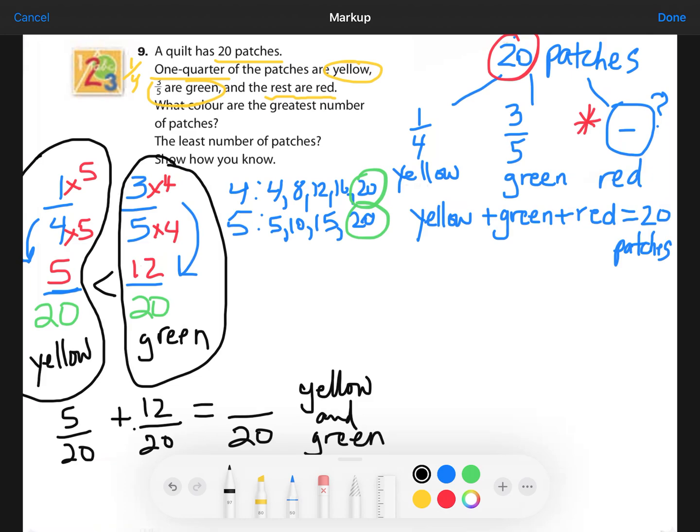Well, 5 out of 20 are yellow, 12 out of 20 are green, so 17 out of 20 are a combination of yellow and green. And now I can use logic to figure out how many are red. If 17 out of 20 are yellow and green combined, then how many out of 20 are red?